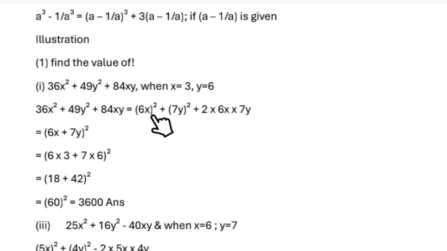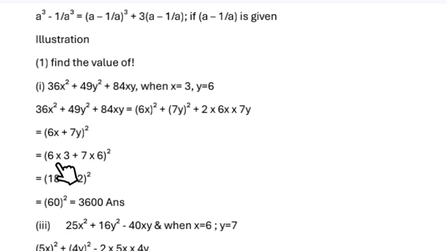Now this term is represented by a plus b whole square, so 6x plus 7y whole square. So x is equal to 3 and y is equal to 6, so put the value of x and y in this term.